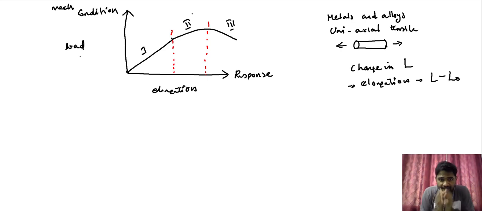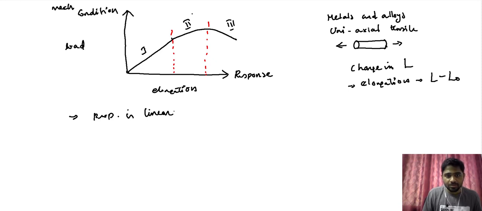In the first section, in order to bring about a progressive increase in the length of your sample, the load should also proportionally increase, and this proportionality should be linear. So the linear proportionality is what characterizes the first section of the mechanical behavior of metals and alloys.